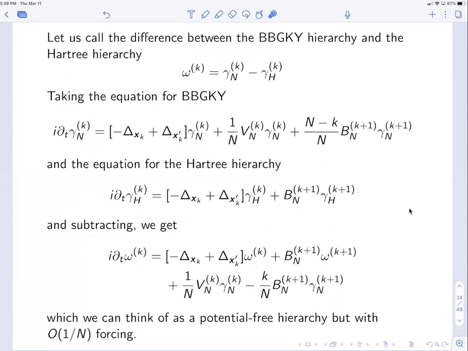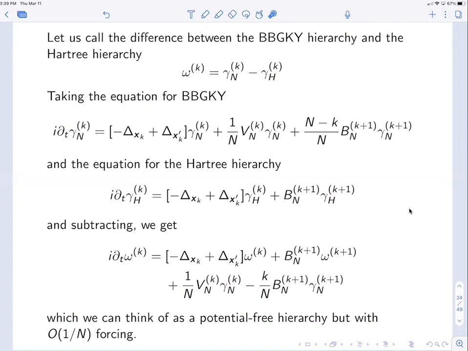So then, on the other hand, let us take the BBGKY hierarchy and the Hartree hierarchy and take the difference and call that omega K. All right, so the BBGKY is the one built from the n-body linear Schrodinger evolution, and then we take the difference with the Hartree, and then we want an equation that it solves.